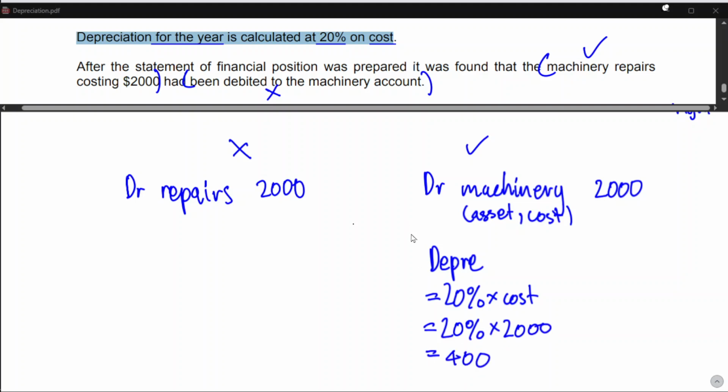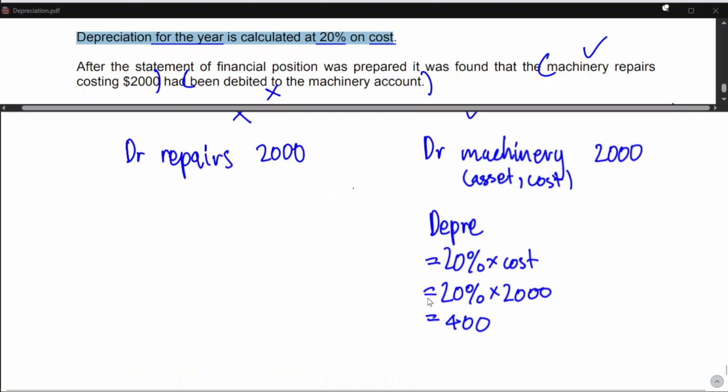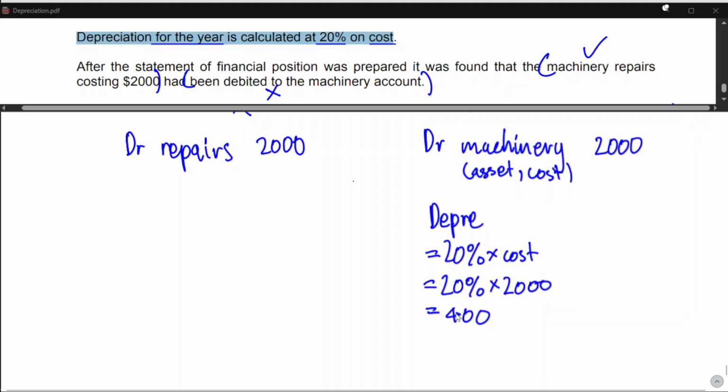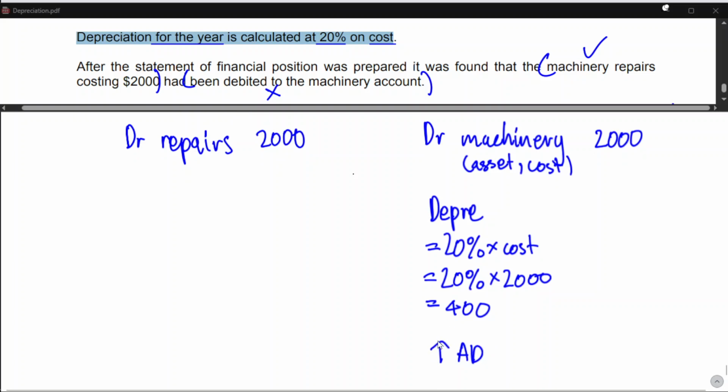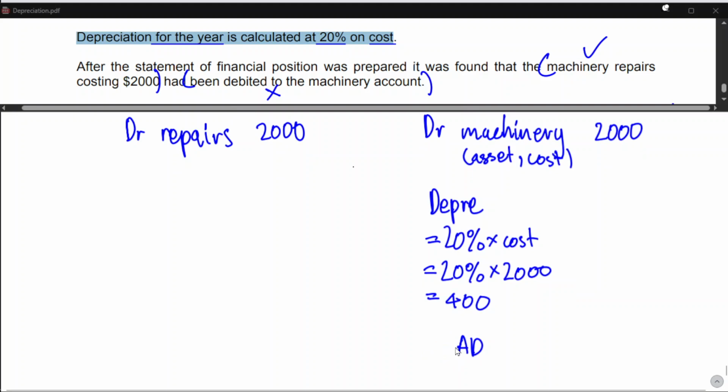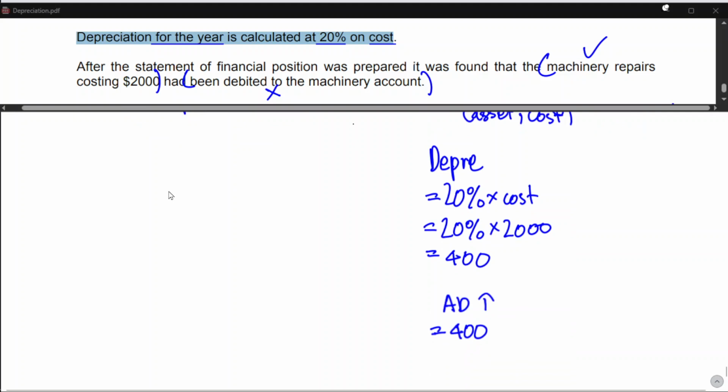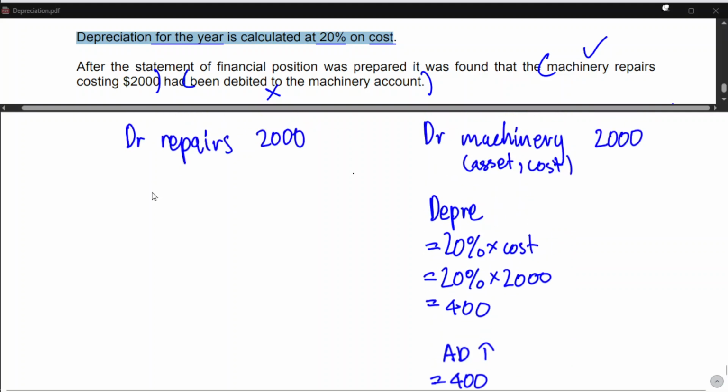Then this depreciation will increase the AD. So the AD will increase by 400.